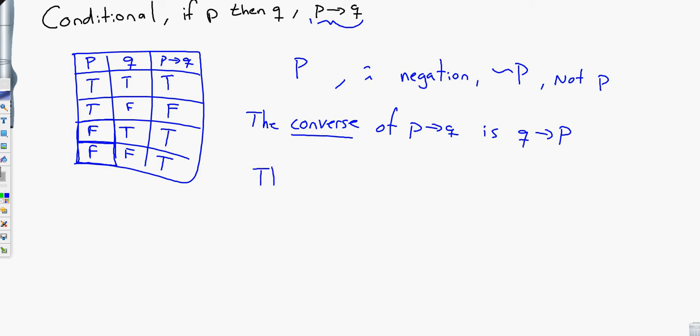And then the contrapositive of P implies Q is not Q implies not P. All right.